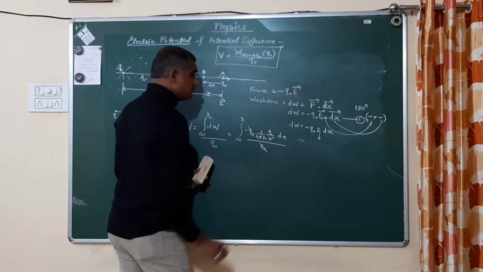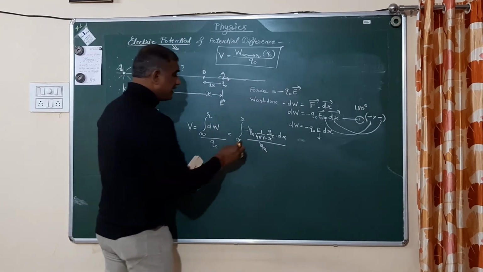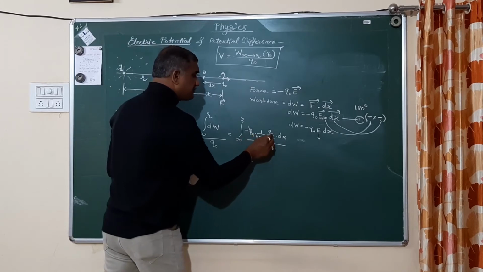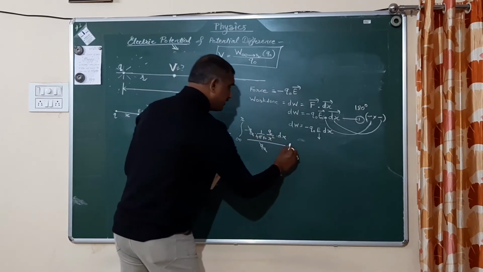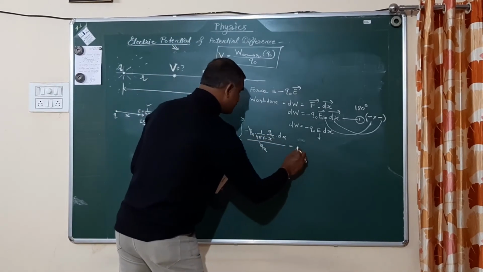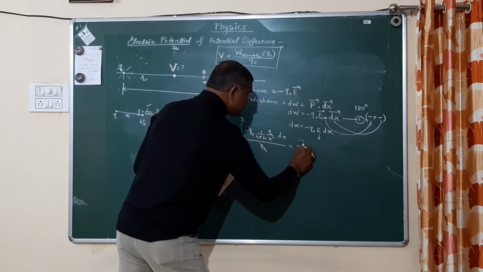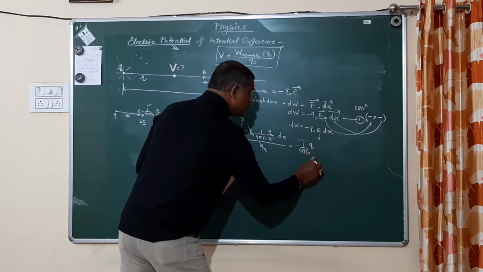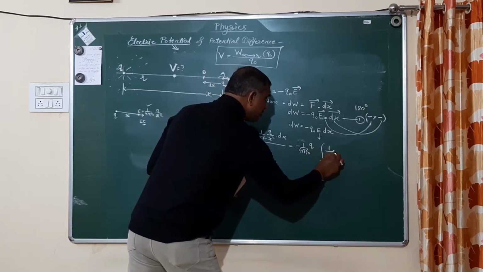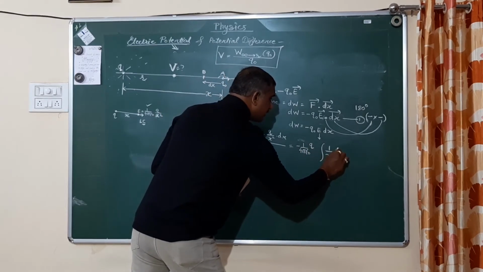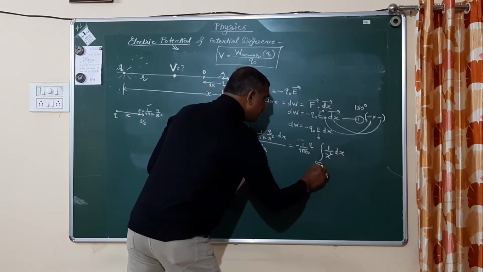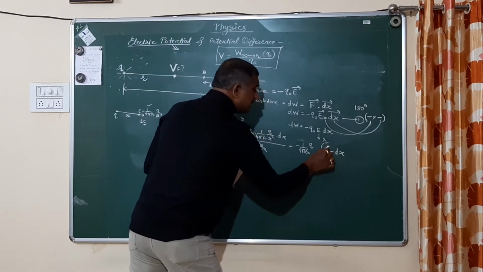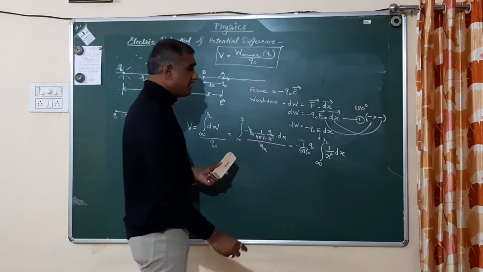This Q0 gets cancelled, and the remaining is minus 1 upon 4 pi epsilon 0 Q divided by x square into dx. If I solve this, that is equal to minus 1 upon 4 pi epsilon 0 Q into the integration of 1 by x square dx from the limit infinity to R. Then the integration of 1 by x square dx.